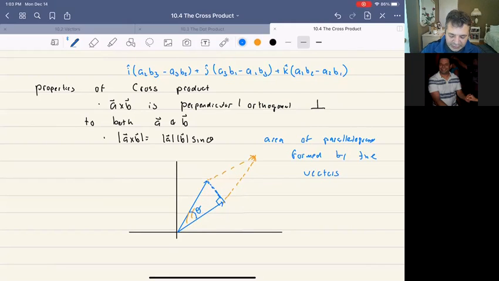So this is A, this is B. This thing here is B sine of theta, right? That's the length B sine theta. Here when I say this, this is the magnitude of B times sine of theta. So the area of that parallelogram is just this base times this height.